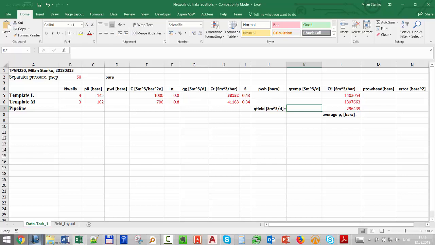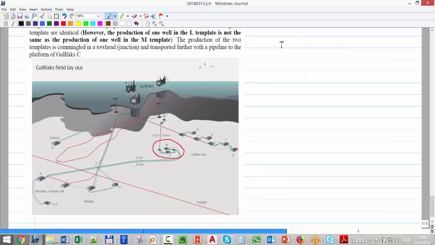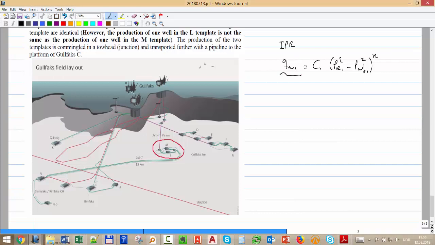I'm going to give you a clue. Let's put one equation, the IPR equation, for example. Q of the well 1 will be C1 times (PR1 minus PWF1) to the power of n. Now when we are assuming the rate, we want to calculate PWF.